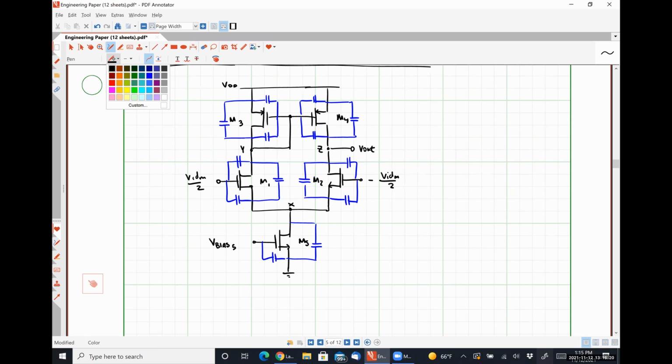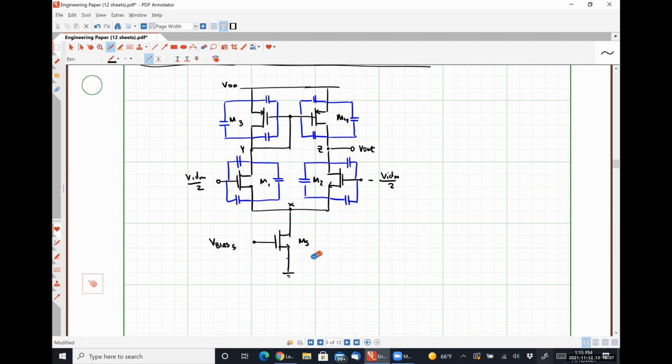CGS is going to be grounded at both sides. And since our drain is ground and our source is ground, CDB is also going to go away. So literally none of those transistors contribute anything.